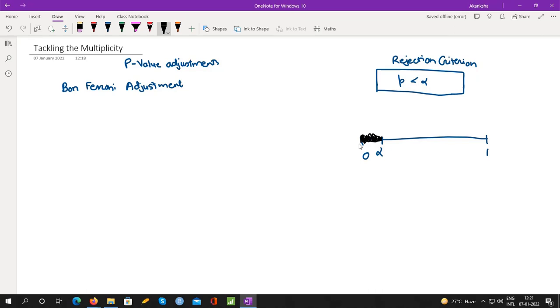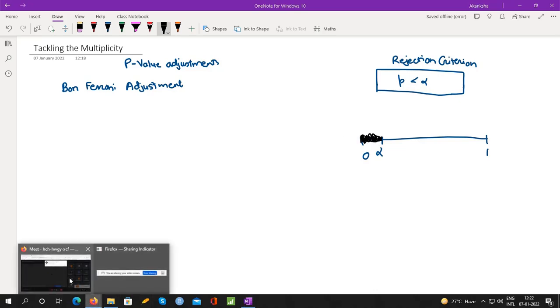Effectively it would mean reducing the rejections, then only false rejections would reduce. So I should decrease this area, not increase it.